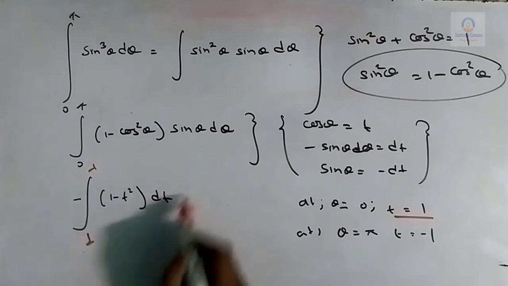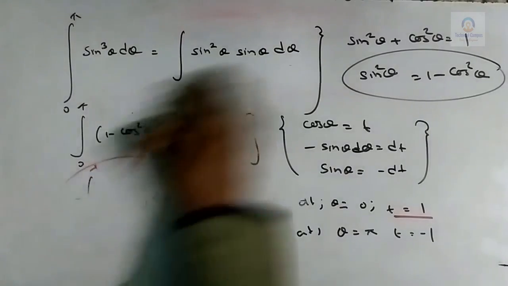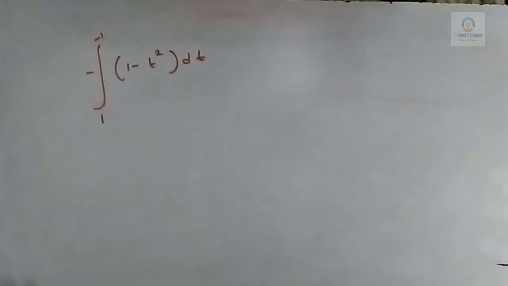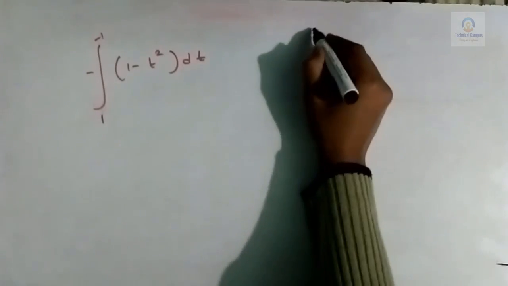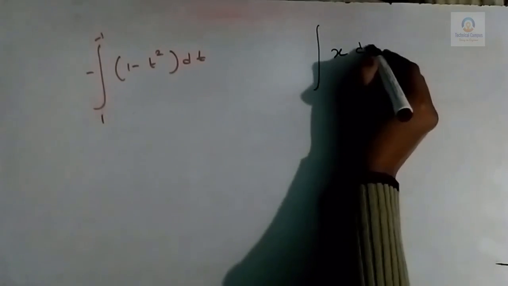So let us solve this integration. Now there is a rule of integration that suppose we have to calculate integral of f(x) dx and the limit is a and b.